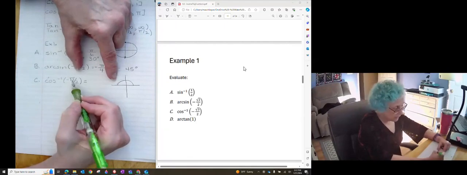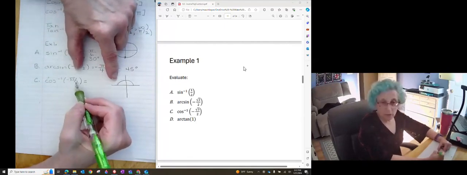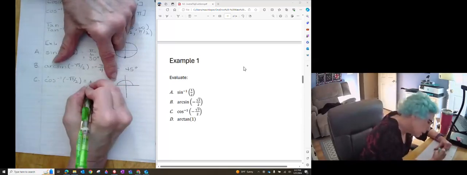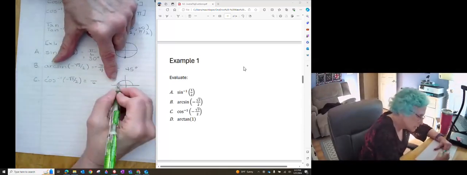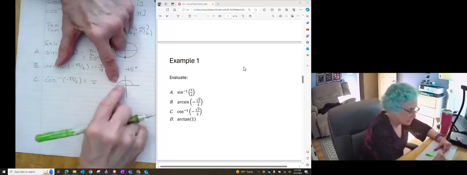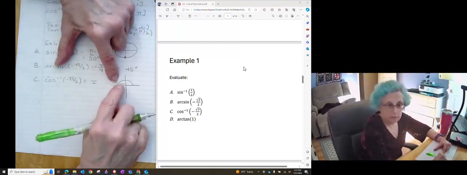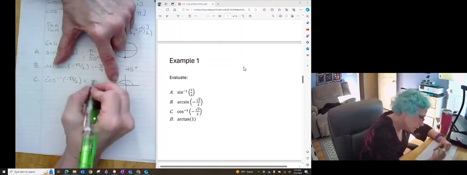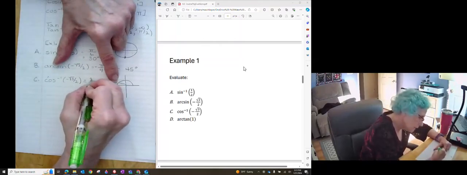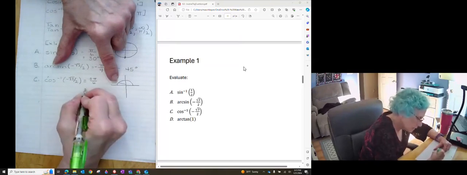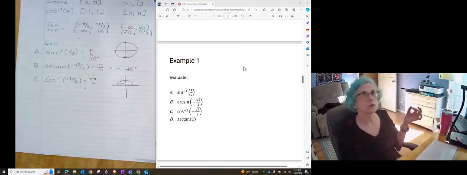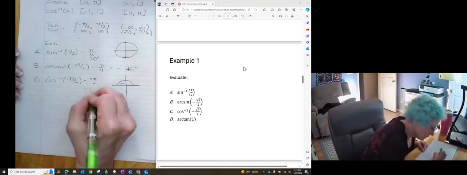And since it has square root of 3 over 2, I know that it has 6 in the denominator, because I know that the little triangle would be wider than it is tall. So it is 5 pi over 6. And now this one would be 180 minus 30, which is 150 degrees.